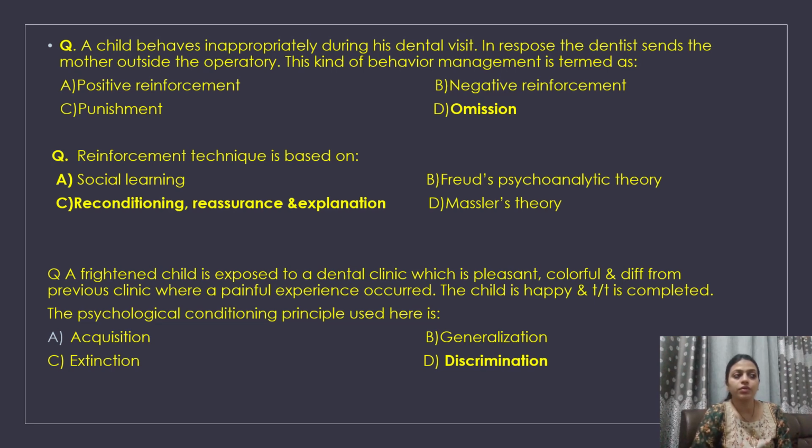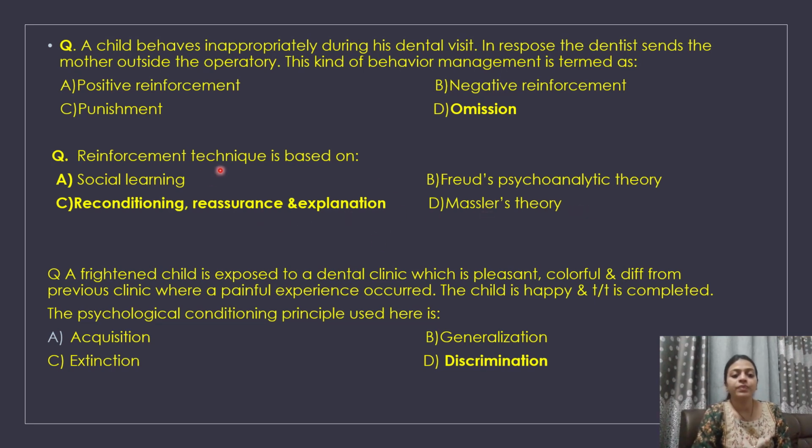Sending the mother out of the operatory will decrease that kind of behavior. The child will not throw the temper tantrums which the child was throwing in front of the mother. Then comes the second question: the reinforcement technique is based on A. Social learning, B. Freud's psychoanalytical theory, C. Reconditioning, reassurance, explanation, D. Maslow's theory.